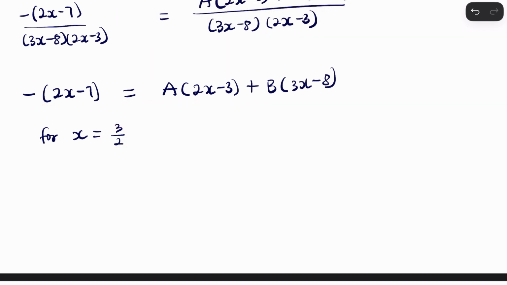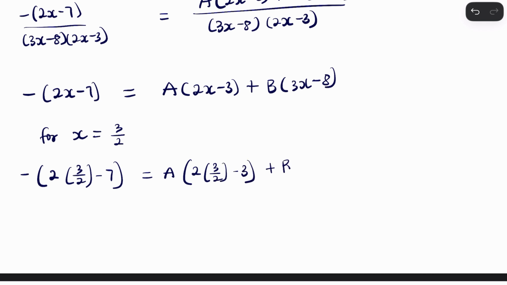So we have -(2 times 3/2 - 7) is equal to A(2 times 3/2 - 3) plus B(3 times 3/2 - 8).